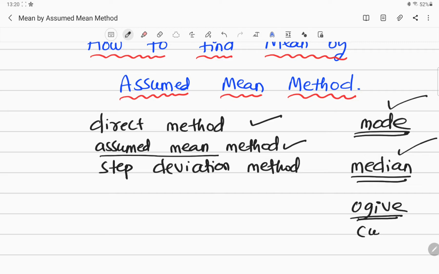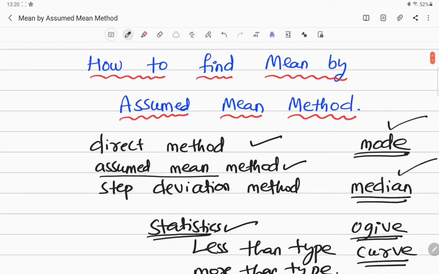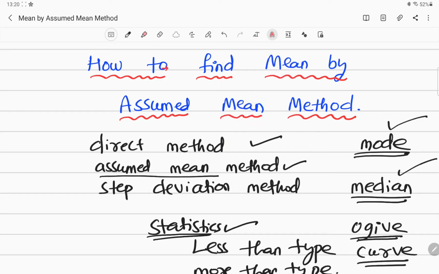So how to draw those Ogive curves, how to convert the data into less than type, and how to convert the data into more than type. All those problems are also discussed in this playlist. The entire statistics concepts are discussed in this playlist. Anyway, the target of this video is how to find mean by assumed mean method.